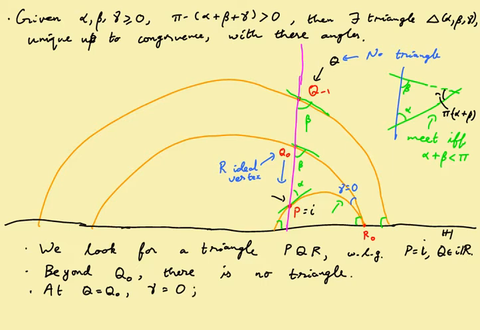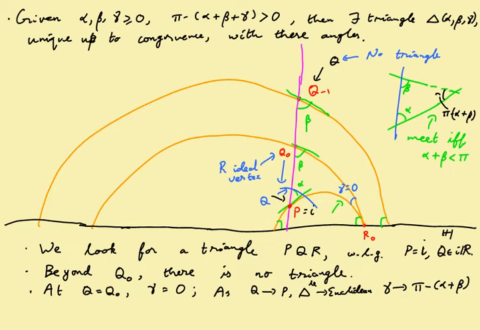This is a fact which you can see in many ways: as Q approaches P, the triangle approaches Euclidean, which means that gamma goes to pi minus (alpha plus beta), the Euclidean situation.